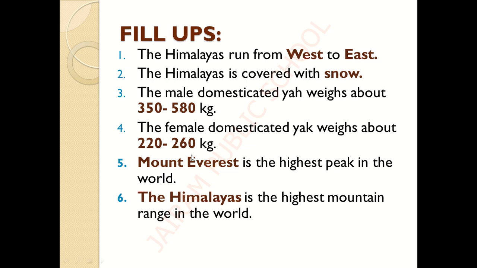And the next, the female domesticated yak weighs about 220 to 260 kg. And the next, Mount Everest is the highest peak in the world. And the last, the Himalayas is the highest mountain range in the world.